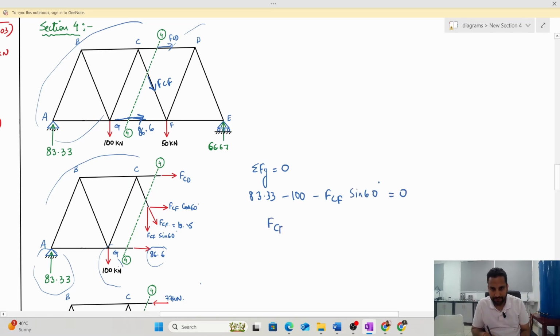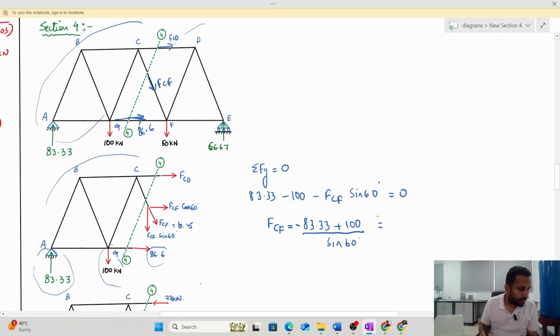So I will get FCF. If I calculate this, I will make FCF as the subject. So I will get negative 83.33 plus 100 divided by sine 60. So I will get FCF as negative 19.25. Since I get negative, I need to change the direction.